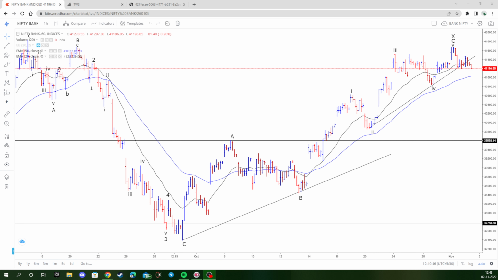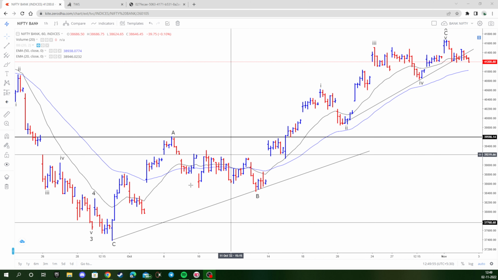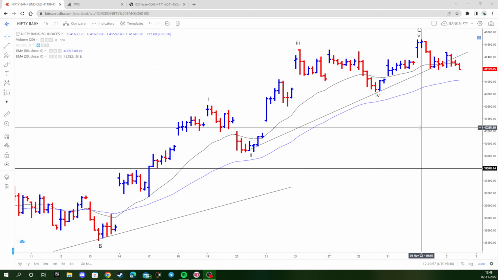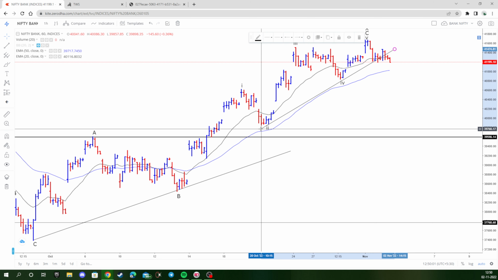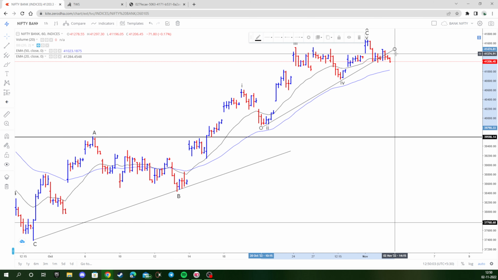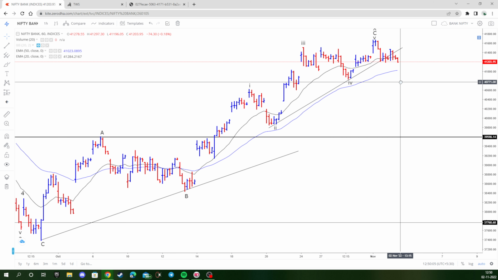Yesterday, we gave it a thought that probably this being wave A and wave B, I could find some kind of impulsiveness in the next wave C. There's this trend line which I drew from the bottoms of wave 2 and connected to the tops of wave 4.